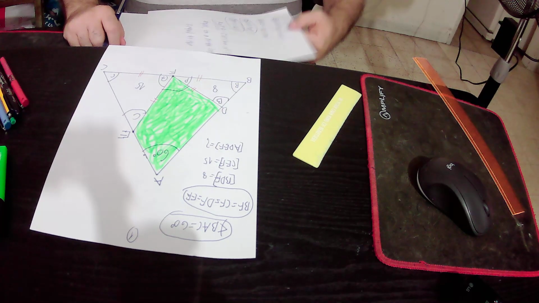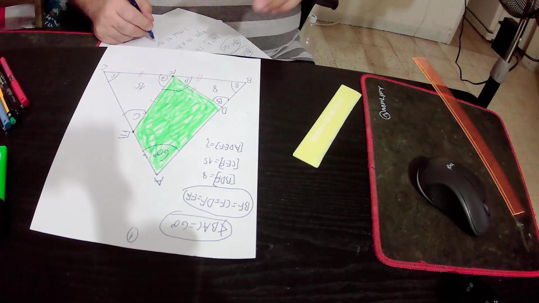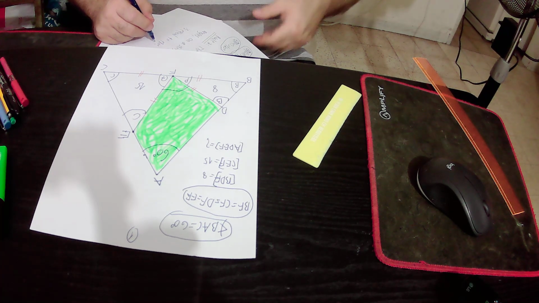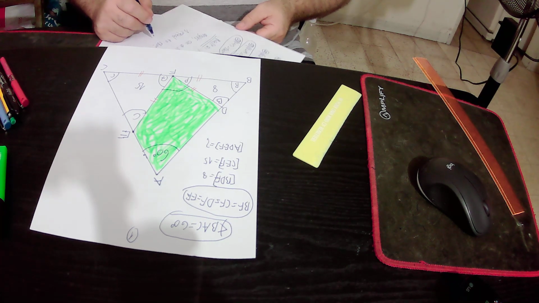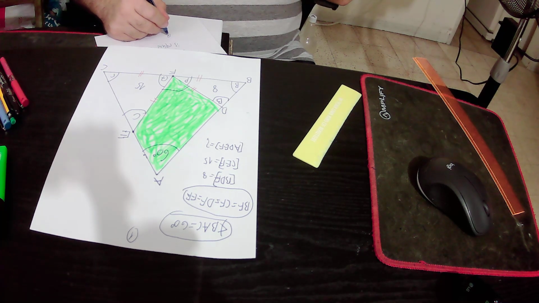So actually we know that BC is one side of triangle ABC, therefore BC is a straight line.